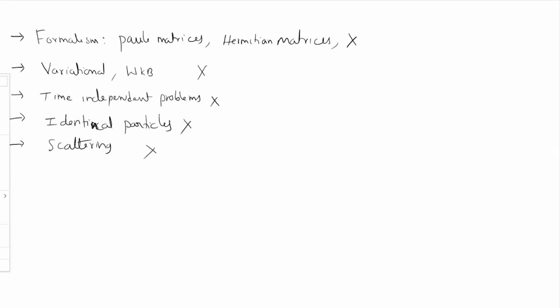Let me talk about harmonic oscillator in 2 dimensions. Harmonic oscillator in 2 dimensions means you can think of a potential which depends on both x and y.